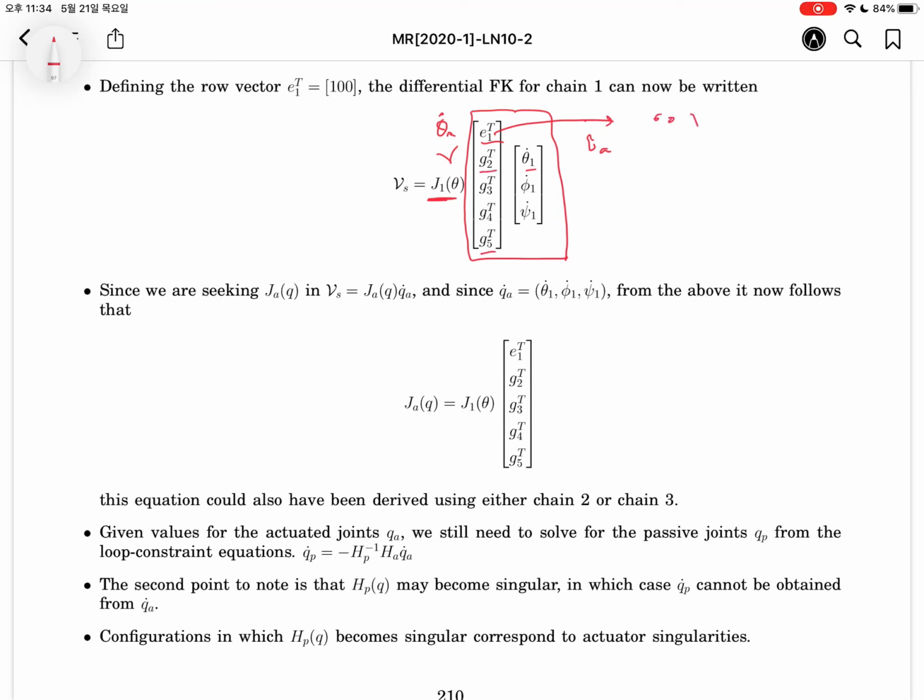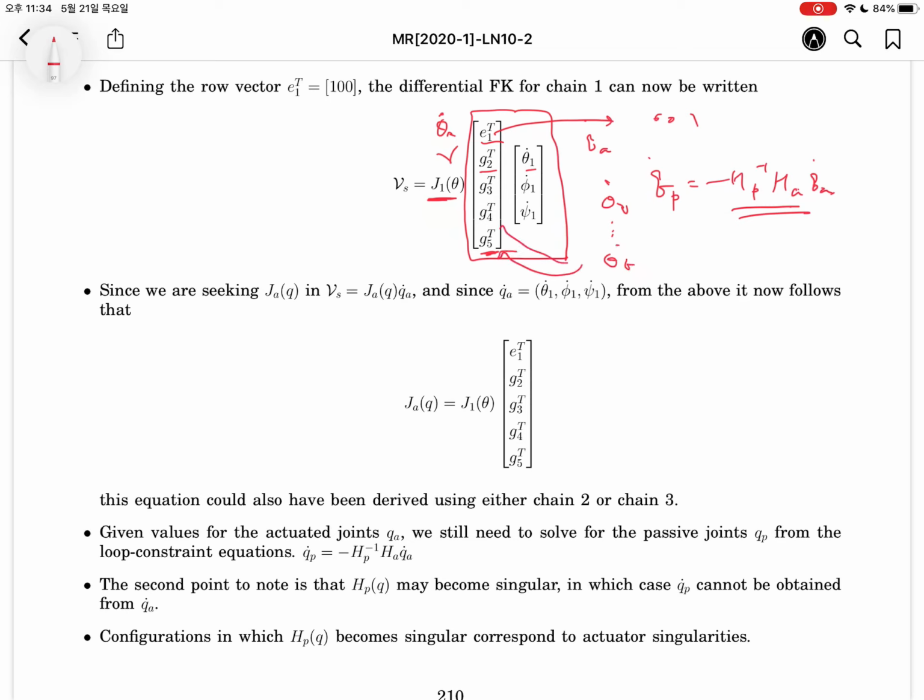And the second one through the fifth one is obtained from the minus HP inverse HA. I'm not sure about the notation of the active joint, active Jacobian, the qA dot. So from this matrix, we can choose the theta 2 dot through theta 5 dot.